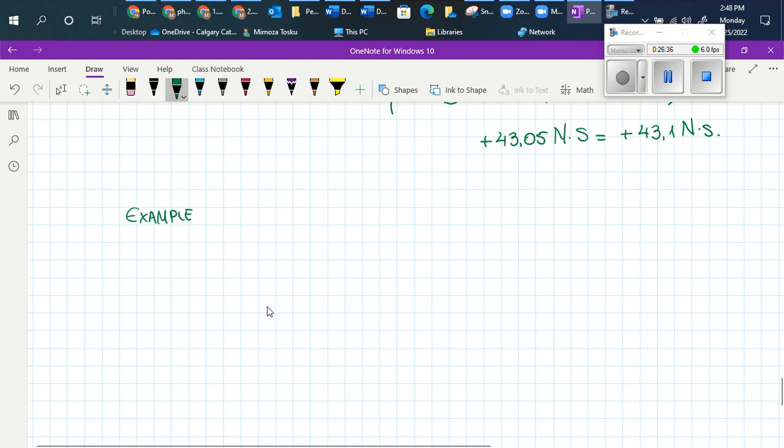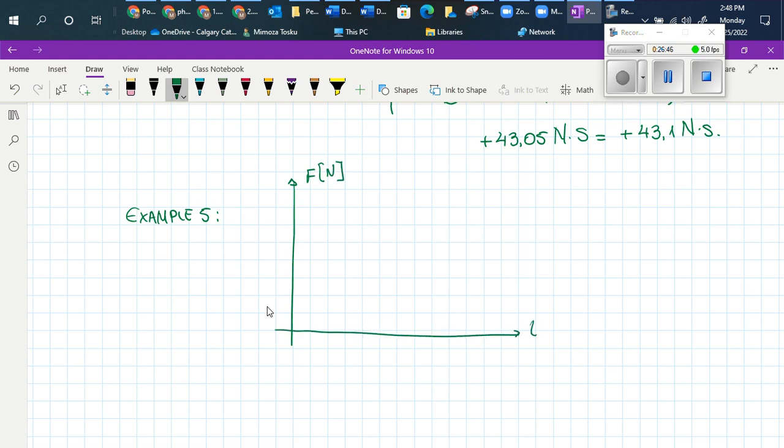And in this example here, we will see something like force in newtons and time in seconds. And as a graph, you will see that you have a triangle like this. And this is F max.